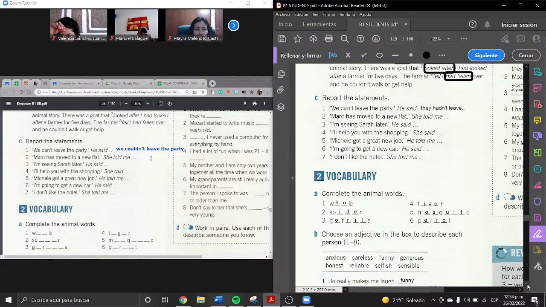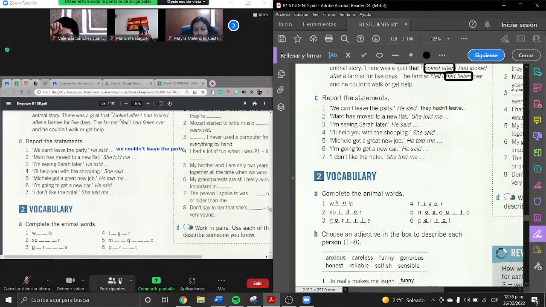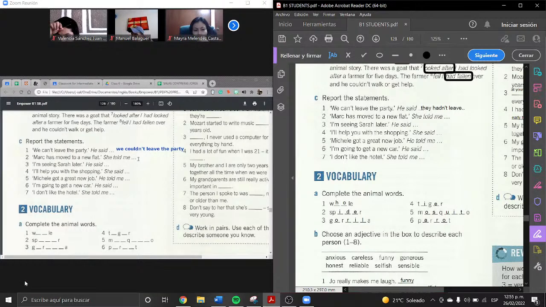Mark has moved to a new flat. She told me he moved to a new flat. He had. But remember, we have this one right here. Has moved is present perfect simple. So we need to change it to past perfect simple.